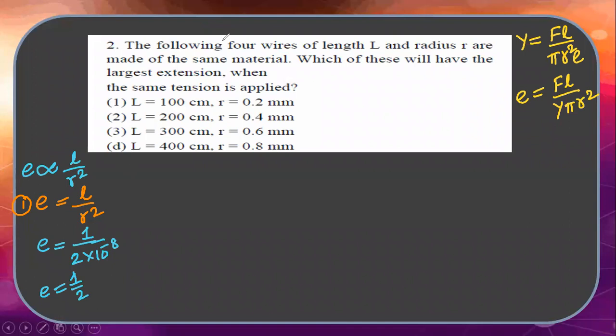Next case, whenever we take E is equal to L divided by R square. Then E is equal to, what is the length L in the second case? 200 centimeters, nothing but 2 meters, divided by r square. Sorry, square is also there.